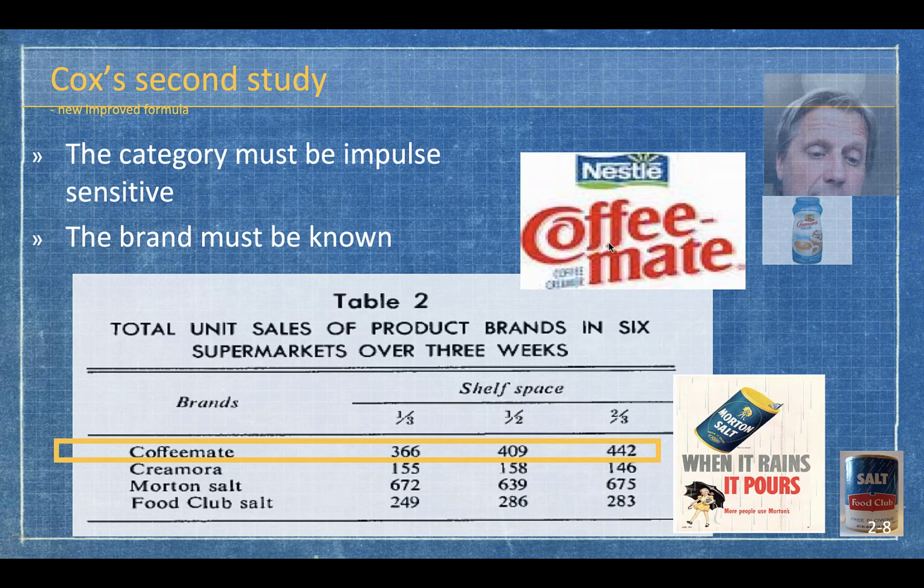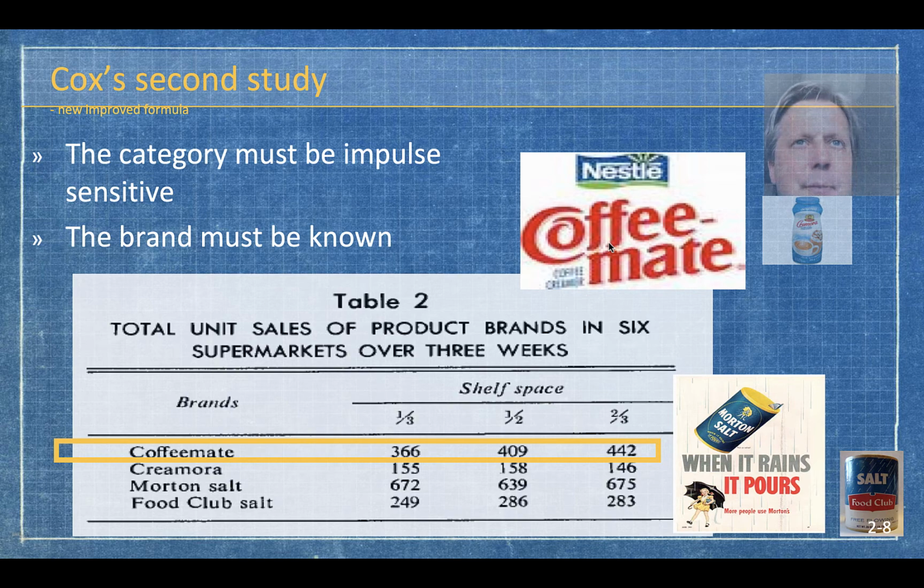You can see that for the 2 salt brands, the 2 lower rows, you didn't see any increases, even though he had a third, half, or 2/3 of the shelf devoted to that brand. And in the coffee milk category, it's only the strong brand that gets an effect, where sales increase almost proportionally to the increase in space, whereas the weaker brand remains the same, independent of size.